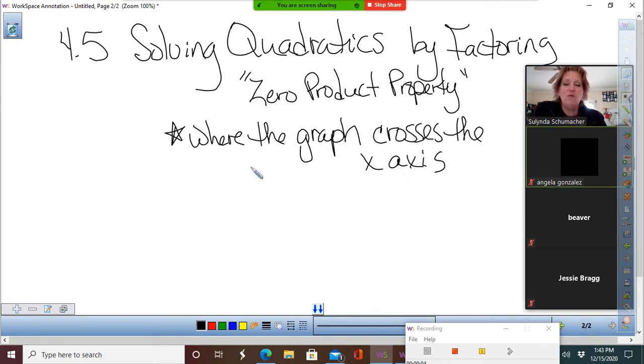Okay, so when we have a parabola, here is our quadratic, our solutions are where it crosses.